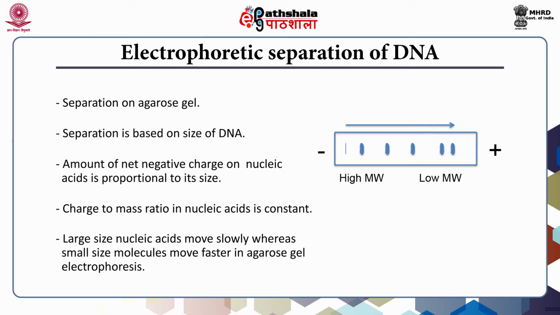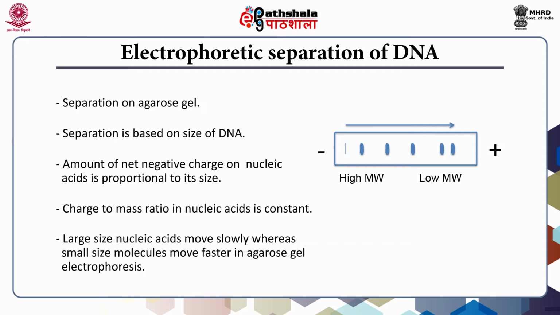Nucleic acids do not require any treatment for making their charge to mass ratio constant. Nucleic acids have negative charge, and the amount of net negative charge is proportional to size of nucleic acid. So, charge to mass ratio of nucleic acid is constant.